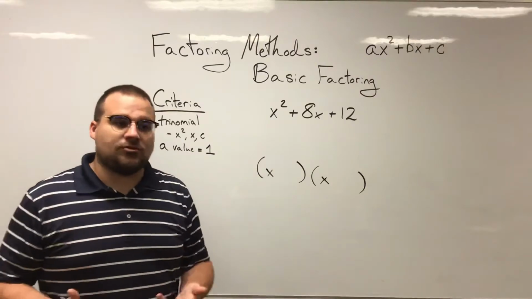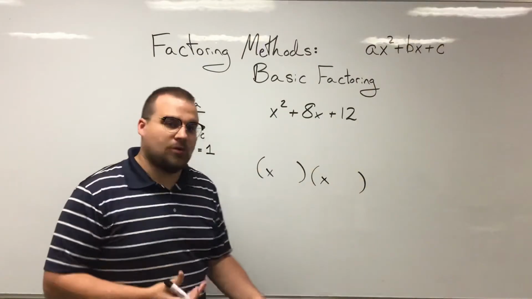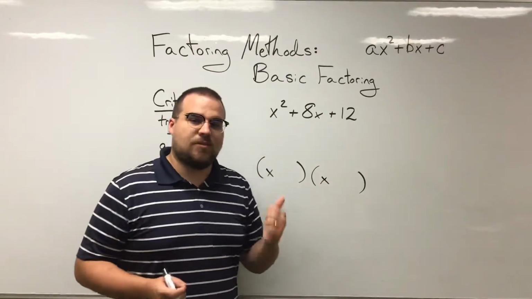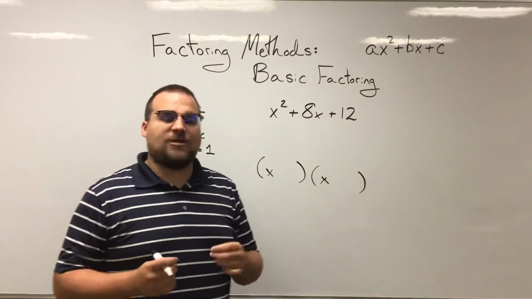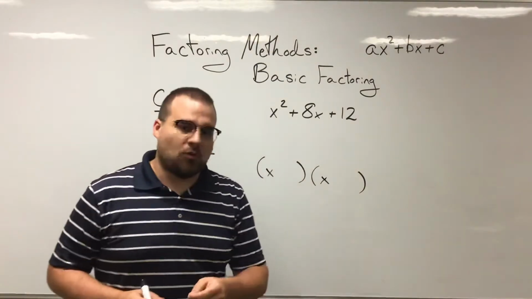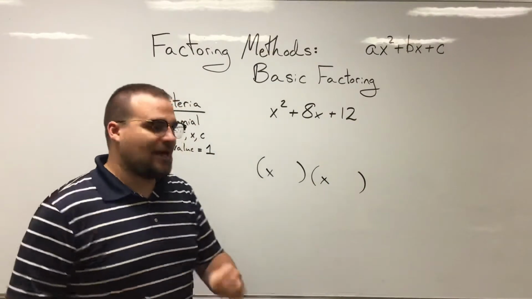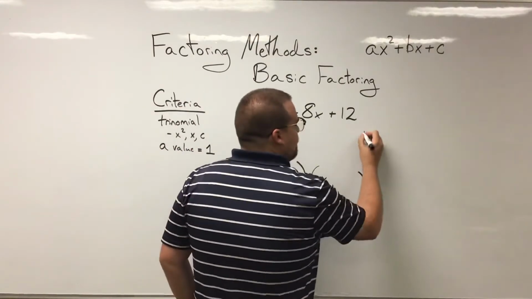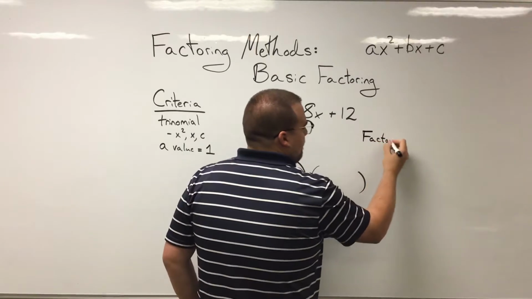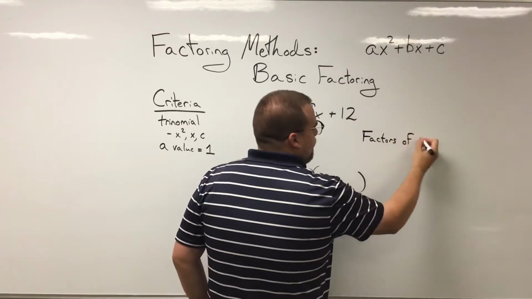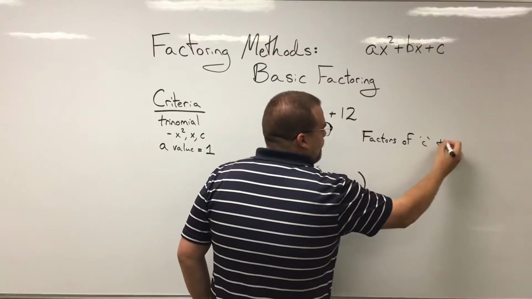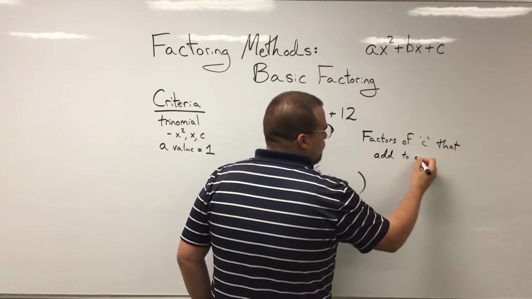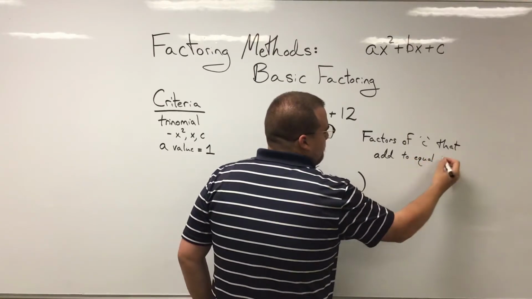Now we need to figure out what numbers go with the x in these binomials. To figure that out, we have a really important sentence that we have to solve. That sentence is we need factors of c that add to equal b.